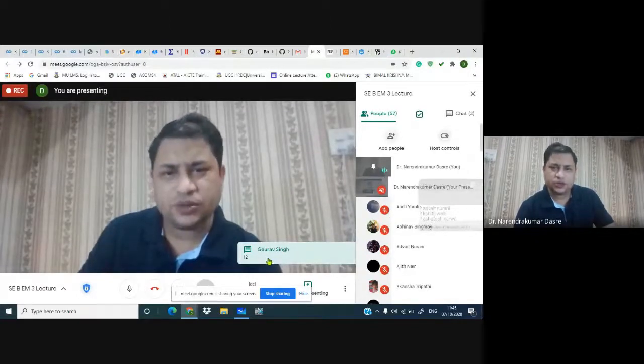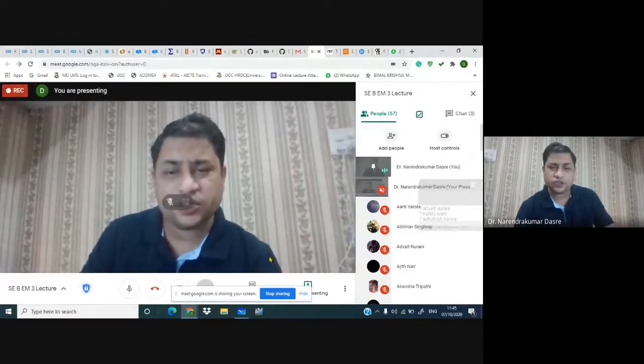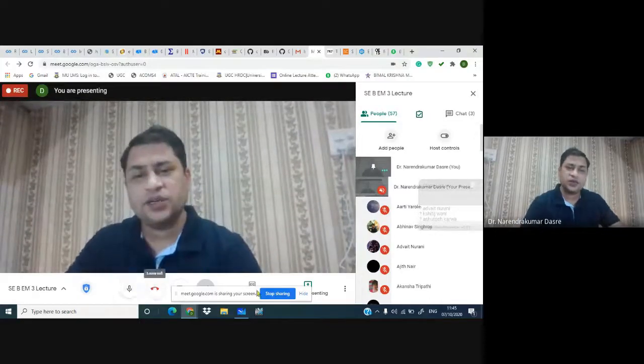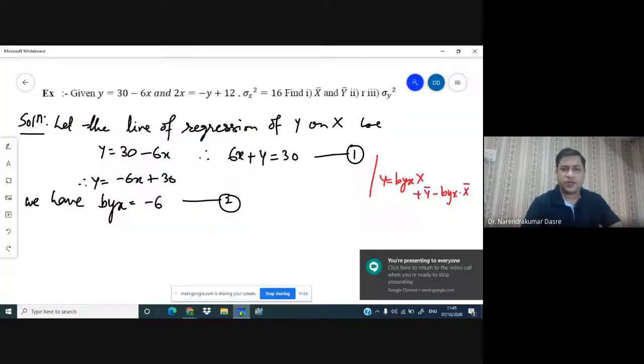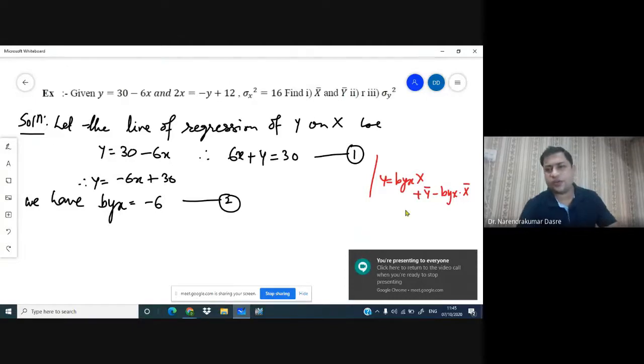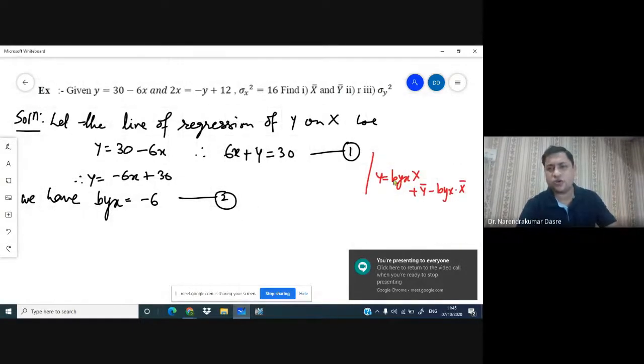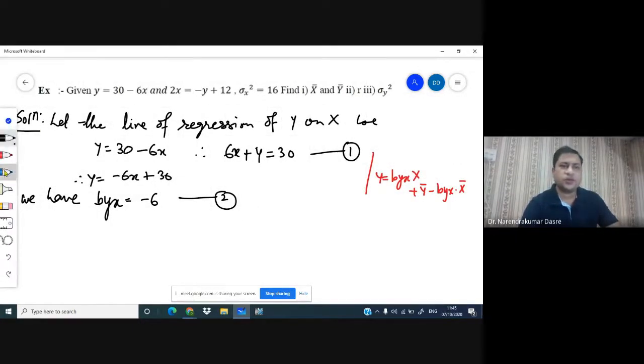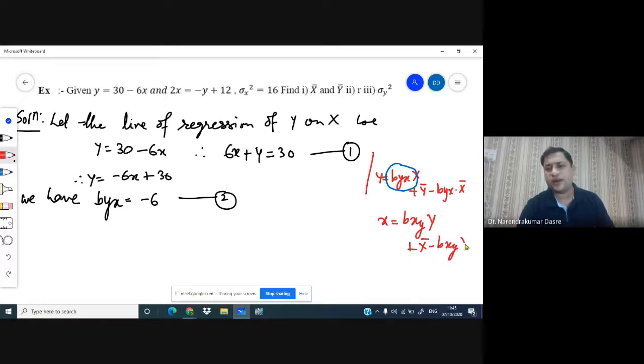See, here if I consider y is equal to byx into x, then this is going to be the slope of the line. If I consider the other as a line of x, then I'll have x is equal to bxy into y plus x bar minus bxy into y bar.